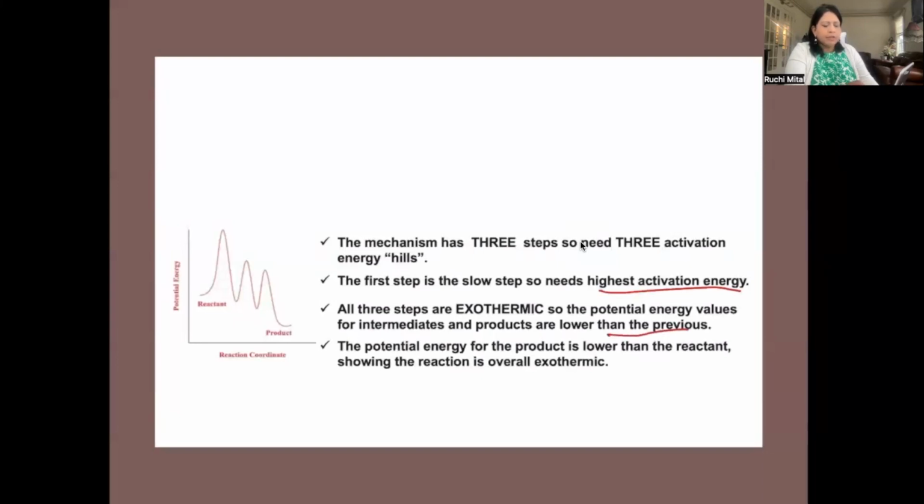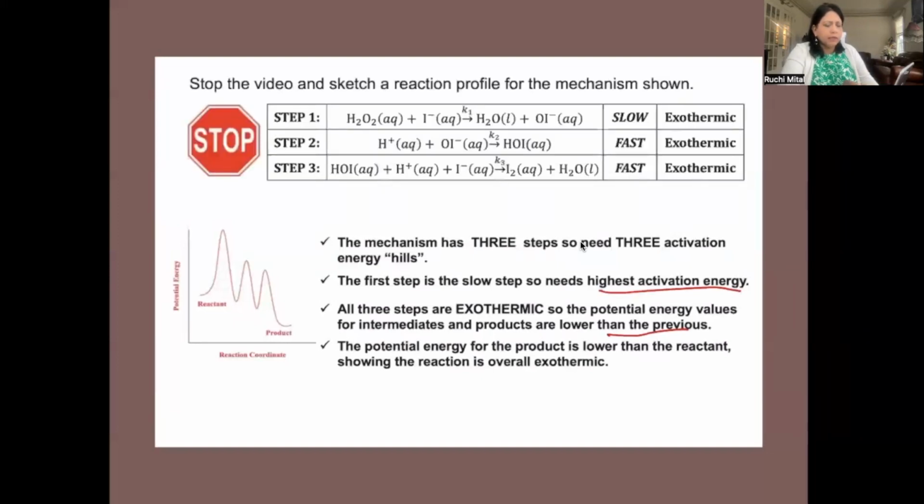The potential energy for the product is lower than the reactant, showing the reaction is overall exothermic. Okay, so if they give you an equation, you should be able to draw the graph for that. Stop the video and sketch the reaction profile for the mechanism. Or they can give you the graph and you should be able to identify which one is going to be the slowest step and which one is going to be the fastest step. So it can go either way.